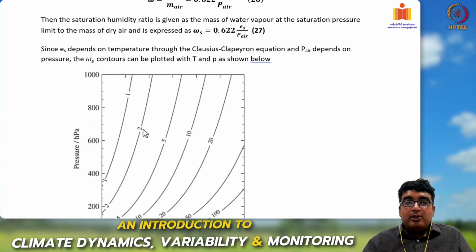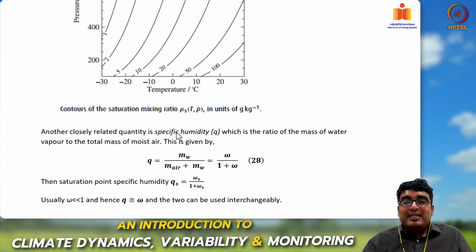Okay. So now, another important closely related quantity is specific humidity Q. The specific humidity Q is the mass of water vapor by the total mass of the moist parcel of air, which is the mass of dry air plus the mass of water vapor. Now you can divide this entire thing by the mass of dry air, so you get omega by 1 plus omega. Okay.